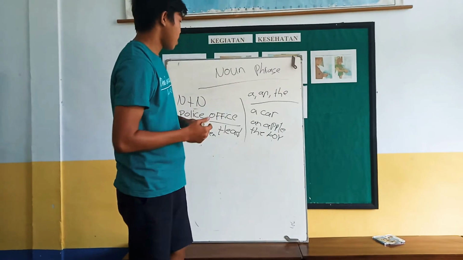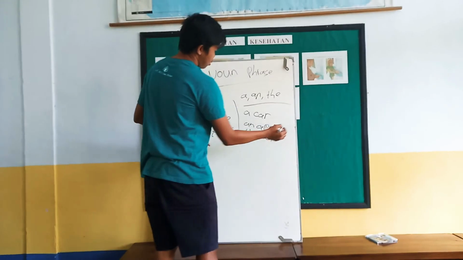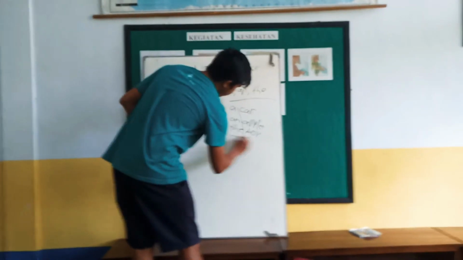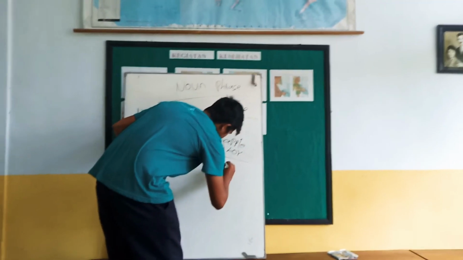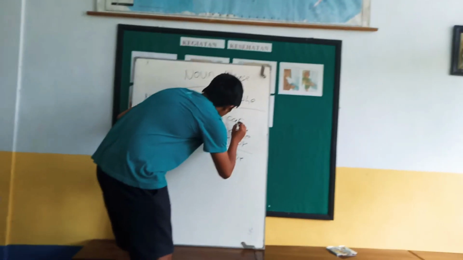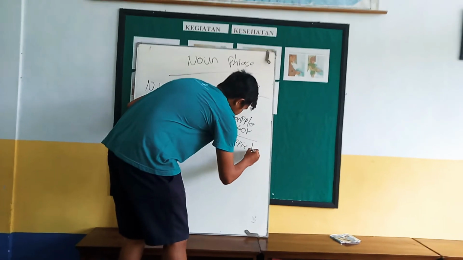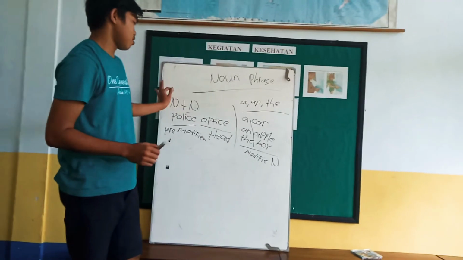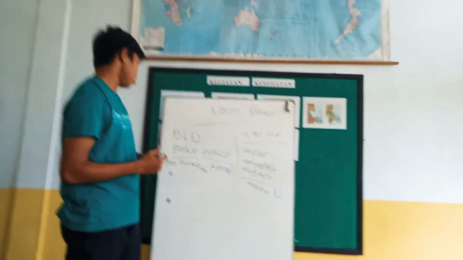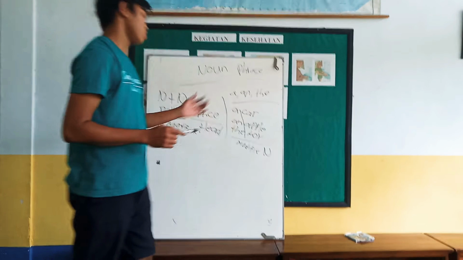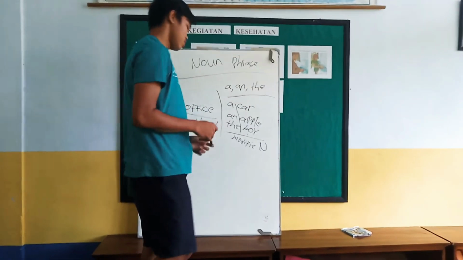In these examples the determiner is the modifier, and car, apple, and boy are nouns. Same as the other components, the modifier is located in front of the noun.